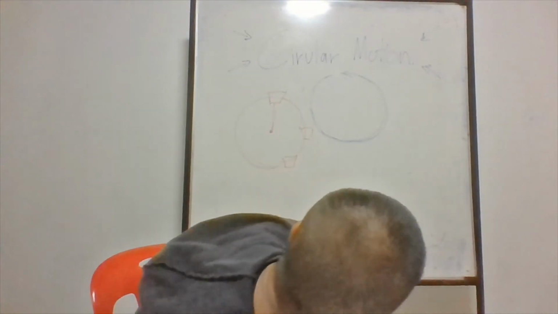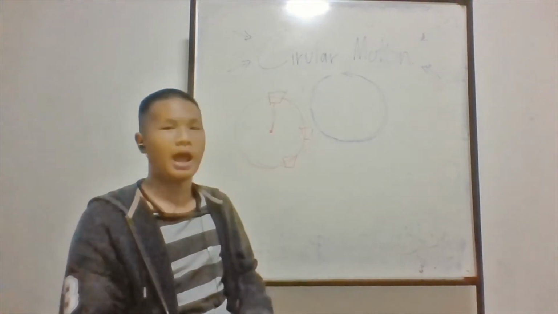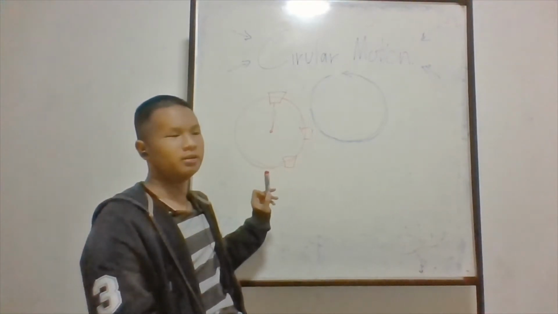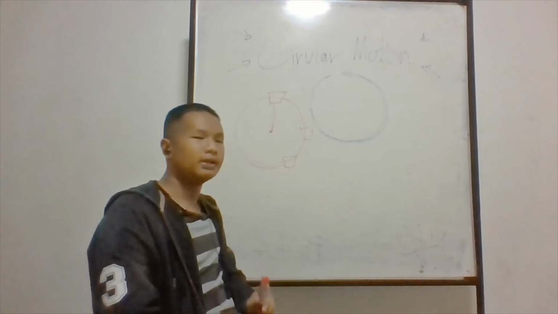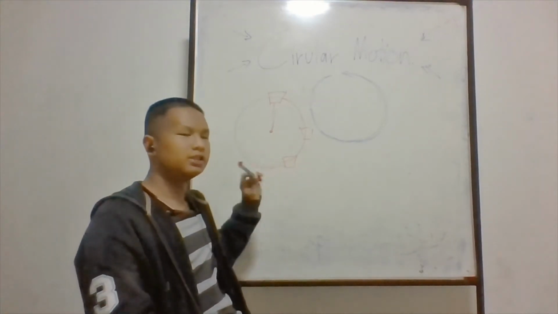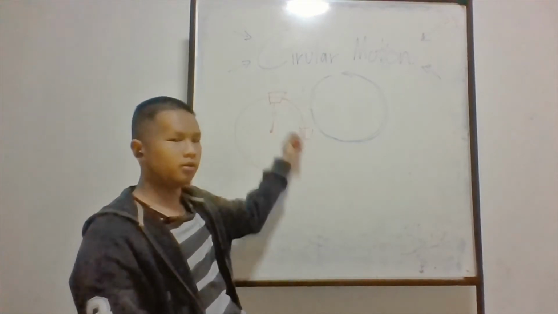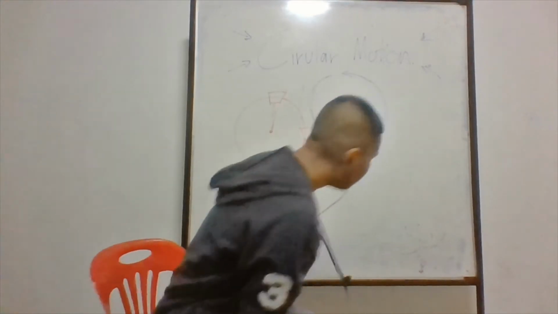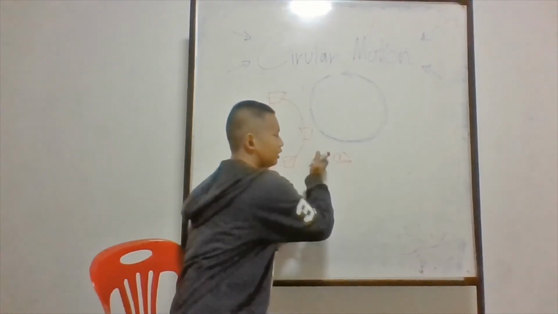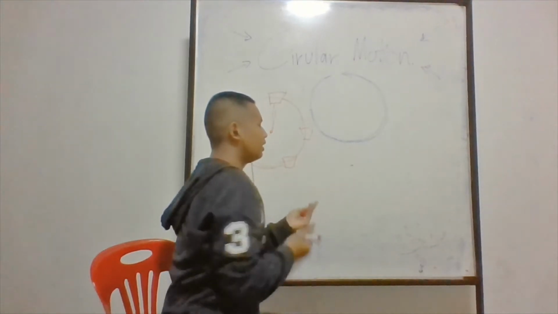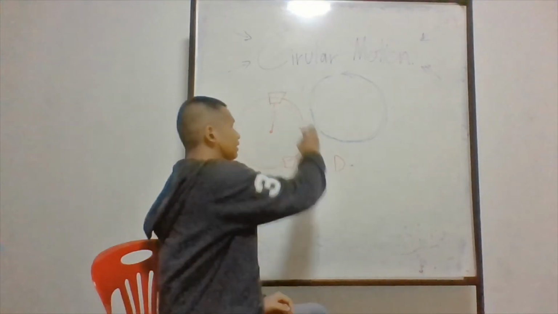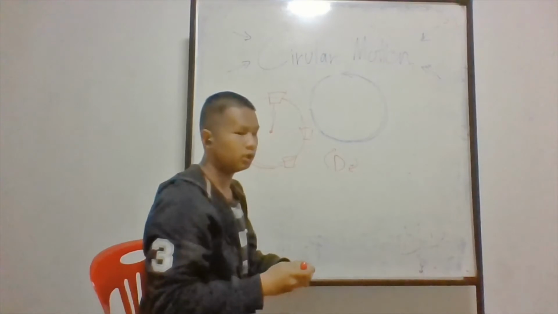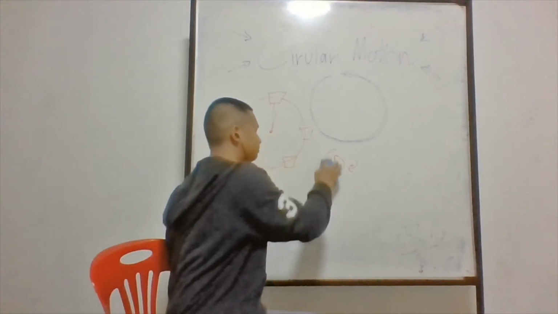Now let's continue. Uniform circular motion happens because of constant centripetal acceleration. At any given time, the velocity is tangential to the circle. The magnitude of the velocity will always be the same, so it's constant. But the direction in which the car is moving is constantly changing due to the circular motion.